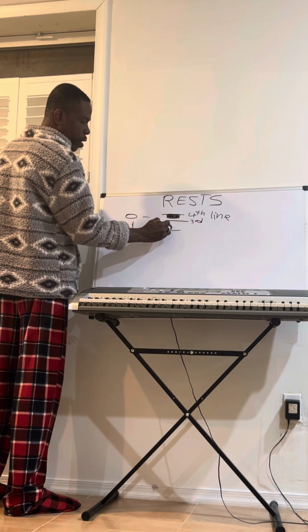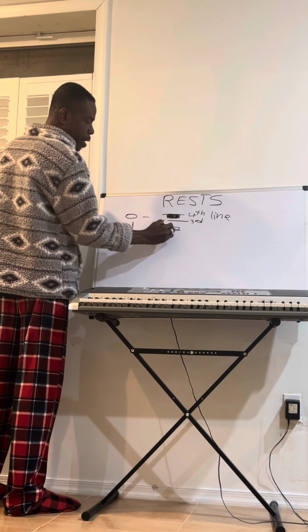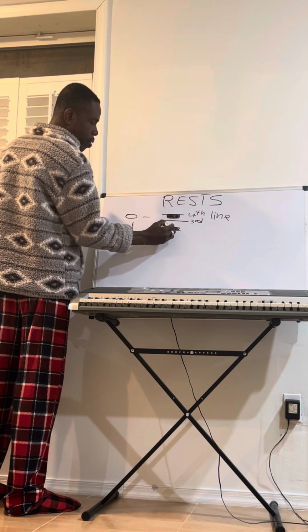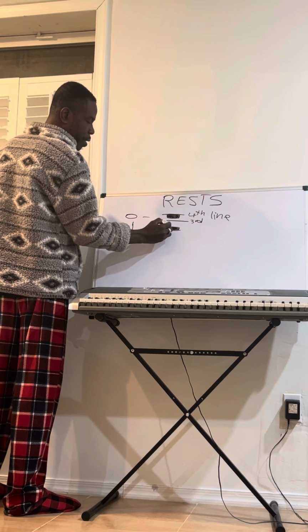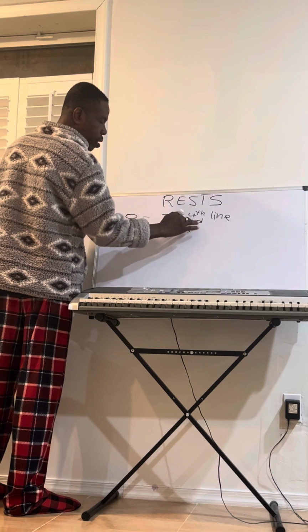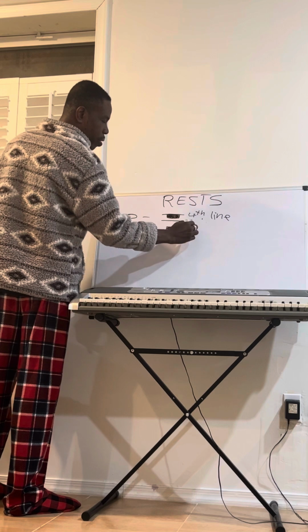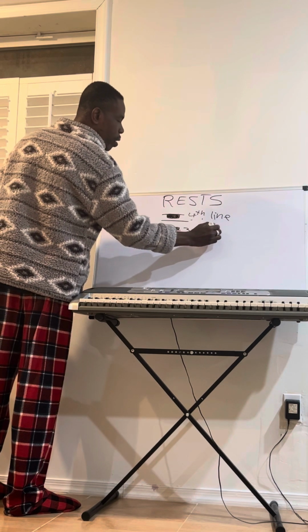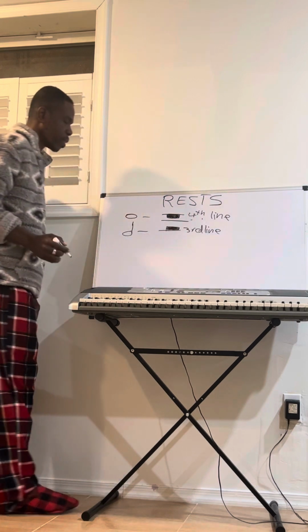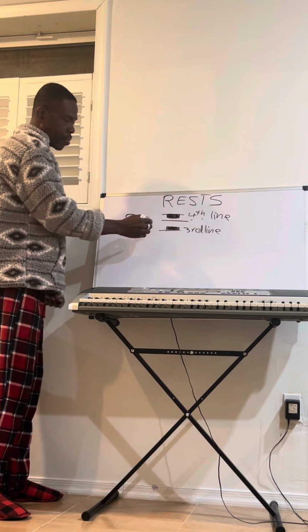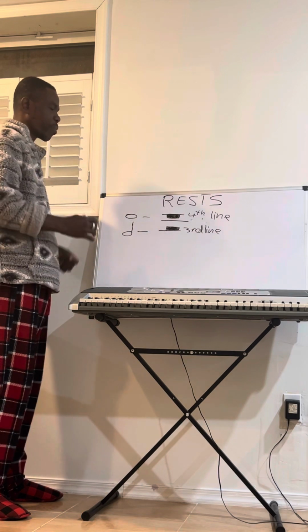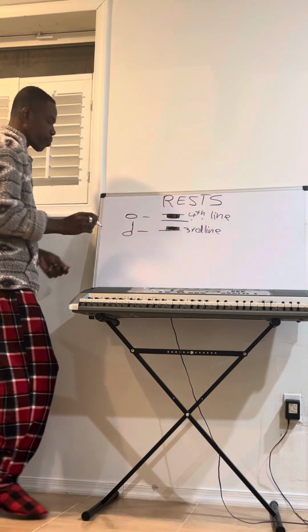The minim rest is on the 3rd line. Right? Minim rest is on the 3rd line. It's the same size, none is bigger or anything. Same sign, but just the position is different.